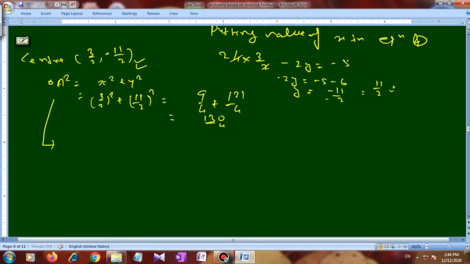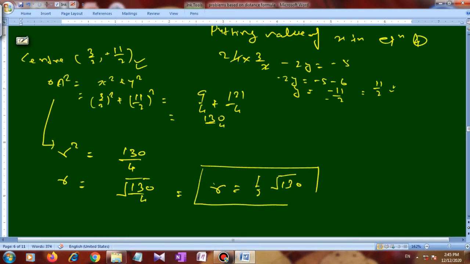So this OA is the radius. So r square will be 130 upon 4, so r will be under root 130 upon 4. Clear? So the radius of the circle will be 1 by 2 under root 130. Clear? So this is our required answer.